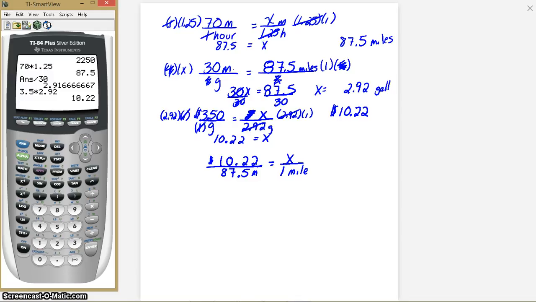So if you multiply both sides by 1 and 87.5, you get 10.22 equals 87.5x, divide by 87.5, and it's going to be not very much, right, per mile.